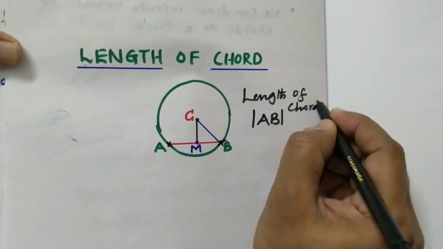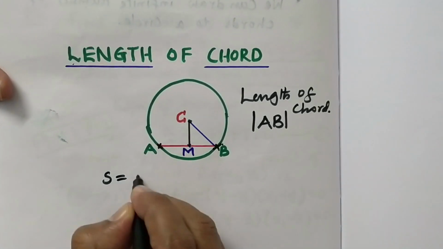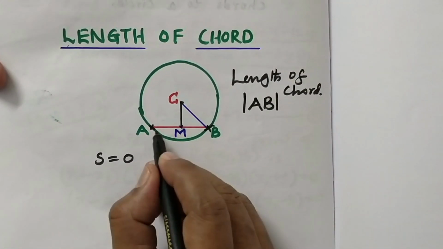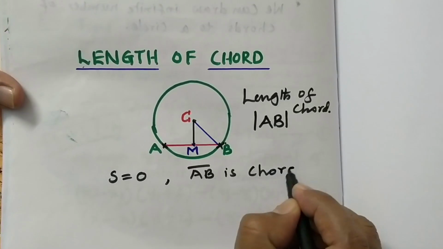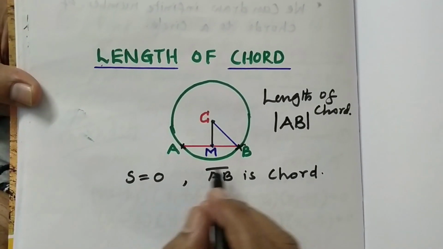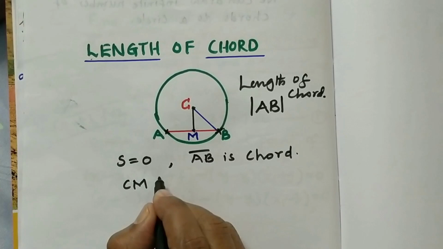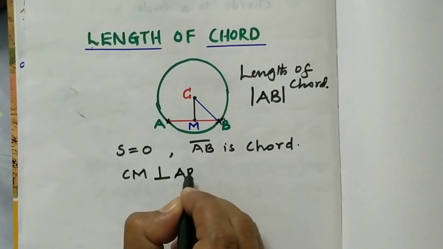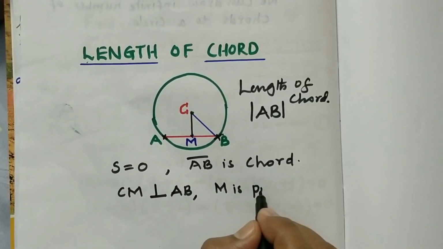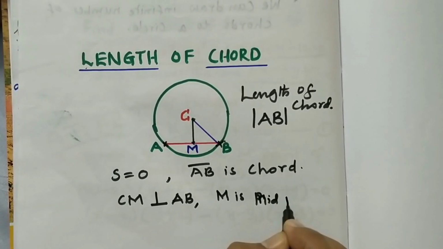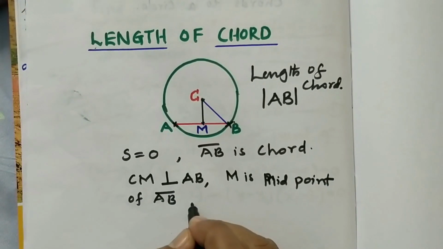How can you find the length of a chord in the given circle? If my circle is S is equal to 0, and AB is the chord, you know that if I draw a perpendicular from C to AB, CM perpendicular to AB, then M is the midpoint of AB, that is AM is equal to MB.